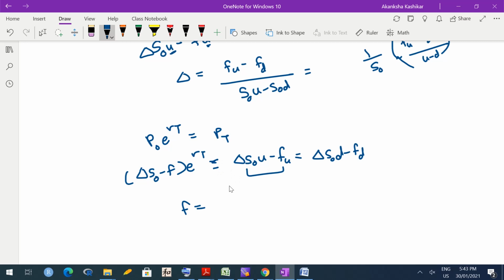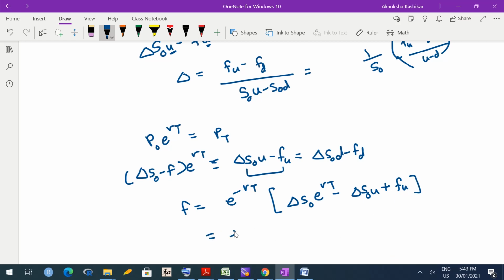F will go to that side, so F equals e raised to minus RT into (delta S0 e raised to RT minus delta S0 U plus FU). I am just trying to rearrange the terms.